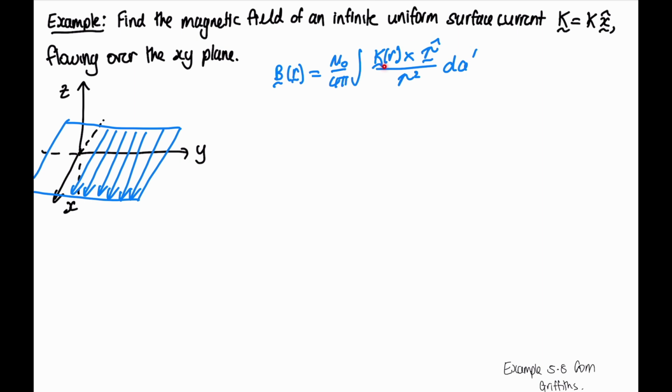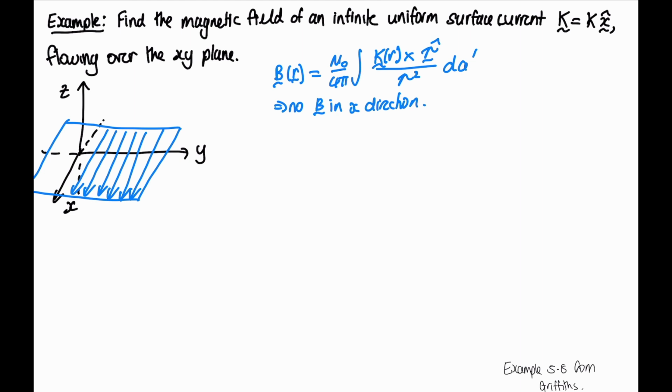So because this is a cross product between K, which is in the x direction, and r, we know that the magnetic field must be 0 in the x direction. So this tells us no B in x direction. And so this suggests that we would want our Amperian loop to be in the z and y directions, as those may not be 0.